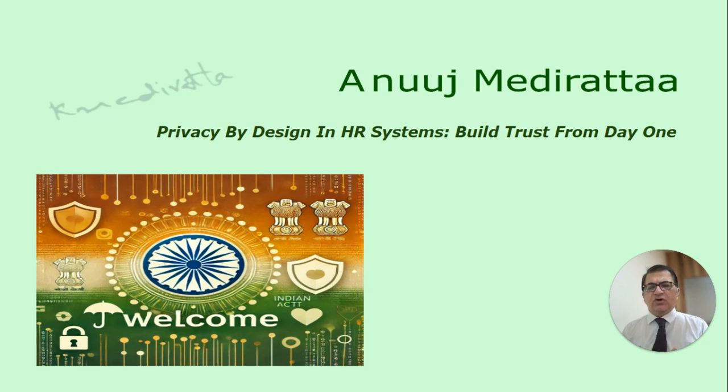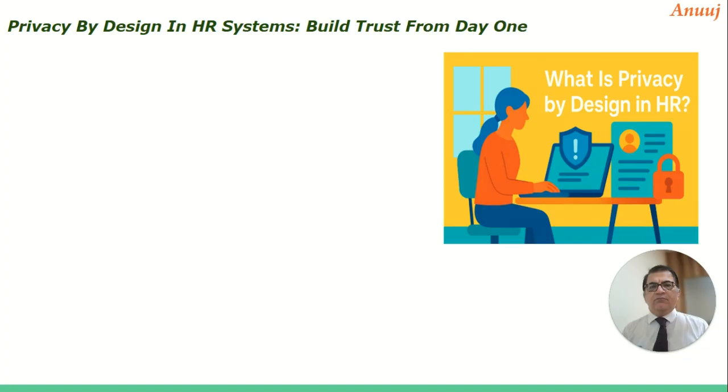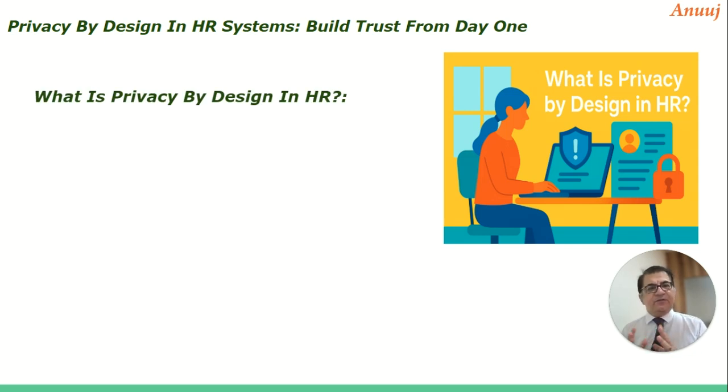And as I said, let's talk about getting privacy by design into systems. So, what is privacy by design in general? Privacy by design in general is that you relook at all your processes, or if you are having new processes to make, processes which means collection, usage, storage, processing, and finally deletion of data or sharing it with third parties if required.